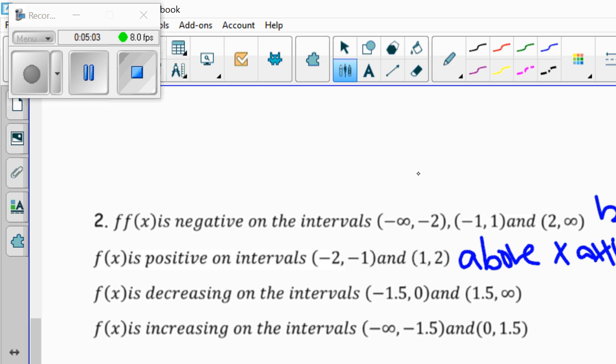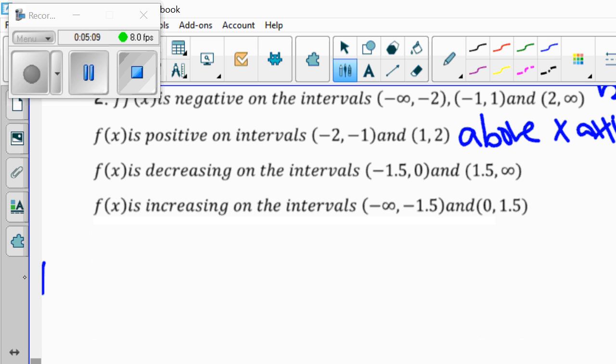Decreasing from negative 1.5 to 0 and 1.5 to infinity, increasing from negative infinity to negative 1.5 and 0 to 1.5. So let's see, I'm decreasing, okay. From here to here I'm increasing, then I go decreasing, so I have a turning point, and then increasing, turning point, decrease, turning point. So we've got 3 turns here on the graph.